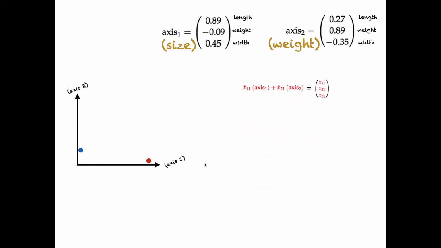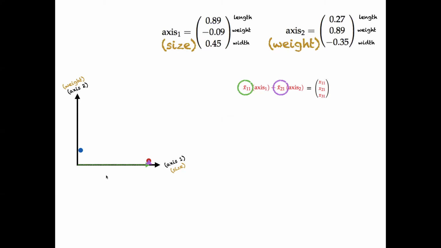And I might want to draw some conclusions here. I'll go ahead and put size along axis 1 and weight along axis 2. And I can draw some conclusions here that in order to get to the blue point, the red point, approximately, I go the x1 wiggle along axis 2, x2 wiggle along axis, I think I said axis 2, axis 1, axis 2.